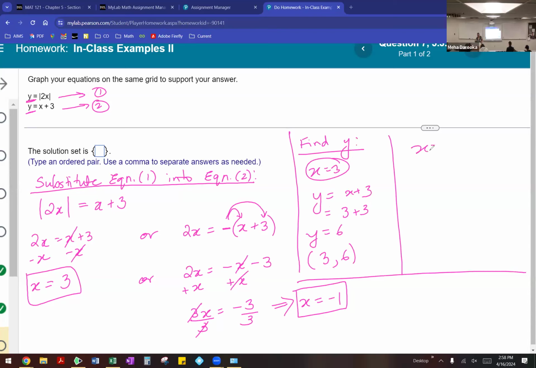And for x equals negative 1, same equation. Negative 1 plus 3 will end up giving us what, 2? So negative 1, comma 2. Again, we're typing in ordered pairs, so negative 1, comma 2.